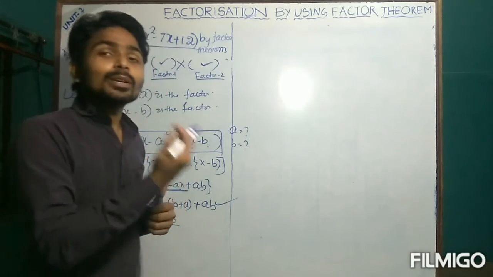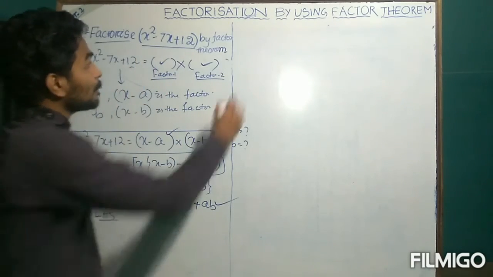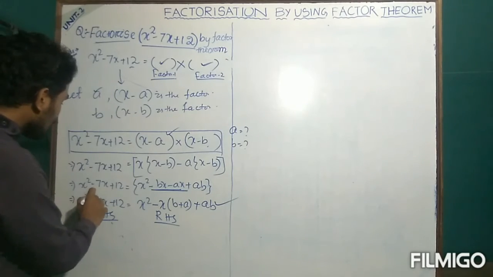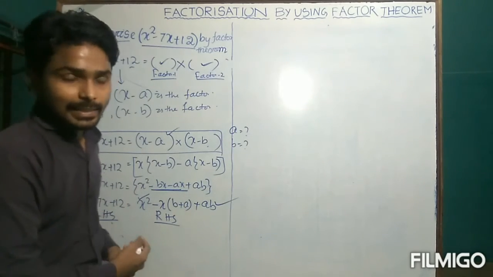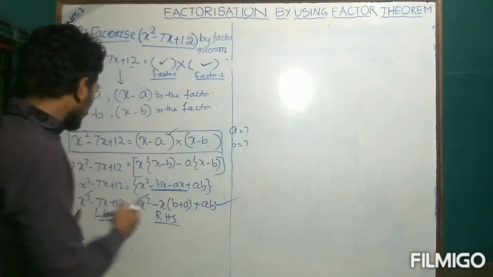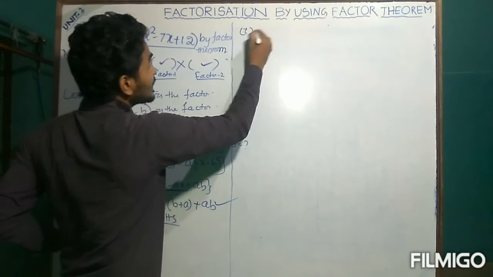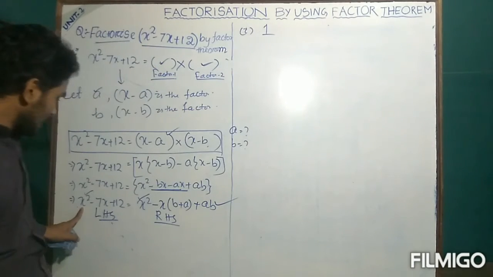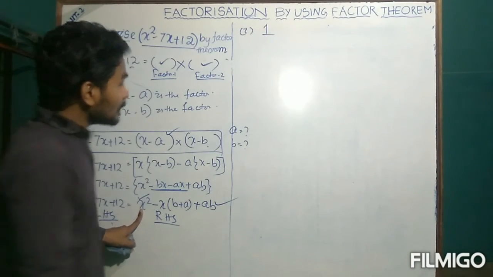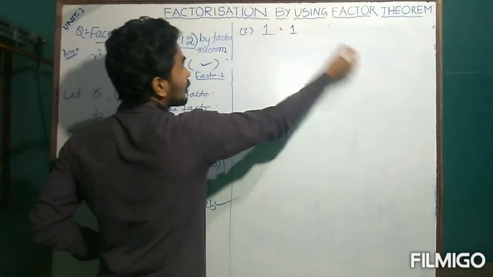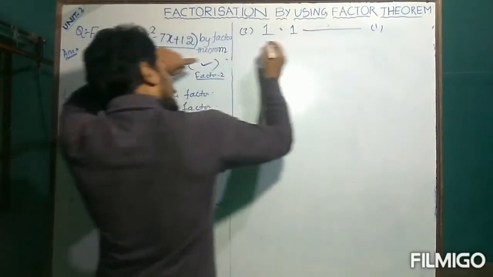That's why we are going to compare them. First, let us compare the coefficient of x square of LHS, that is 1, with the coefficient of x square of RHS, which is also 1. This is equation 1.